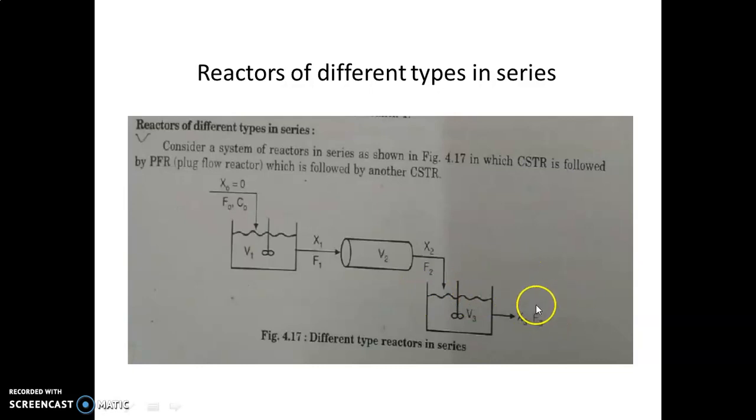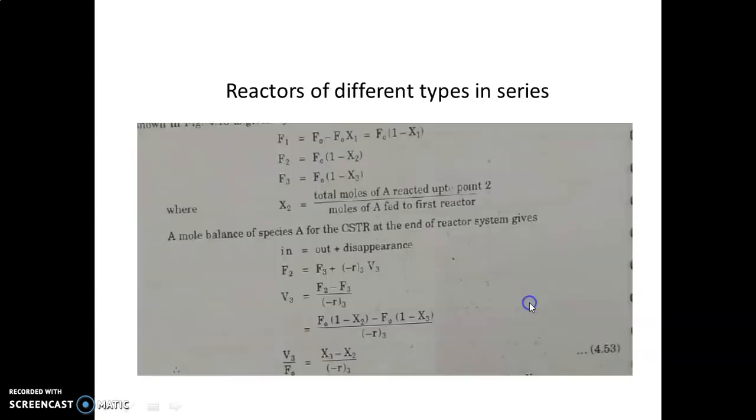So for this scheme, we are going to derive the equations. We already know the relation between conversion and molar flow rate is given by this formula. We have already discussed this. So F1 is equal to F0 into 1 minus X1, where X1 is the exit conversion after the first reactor, that is the CSTR.